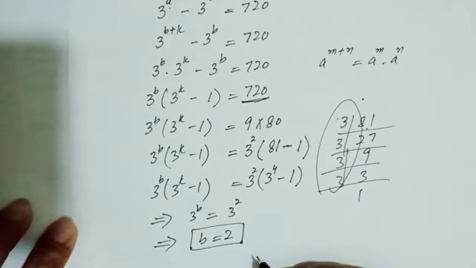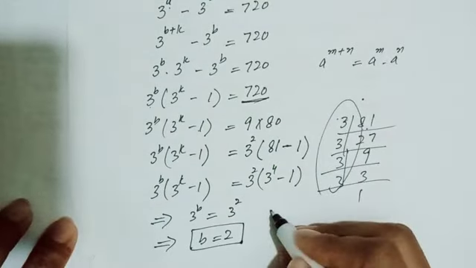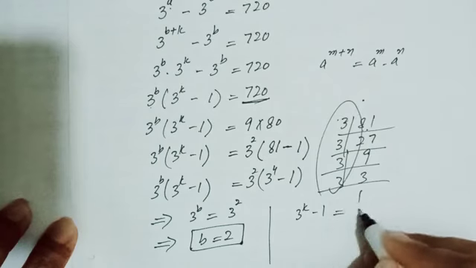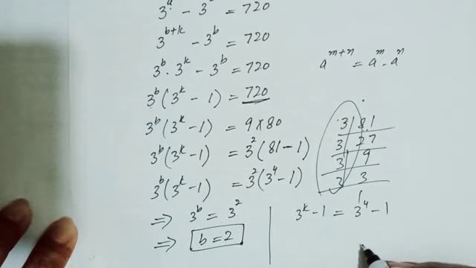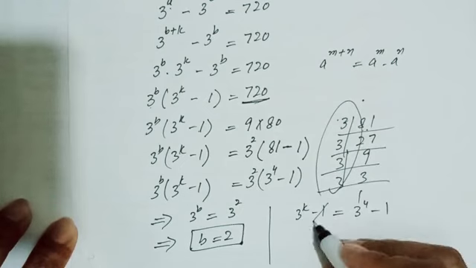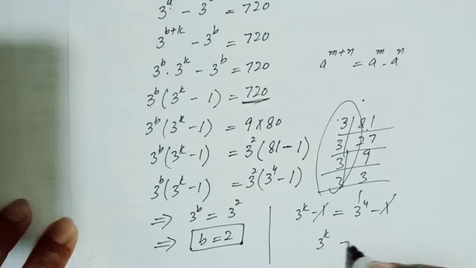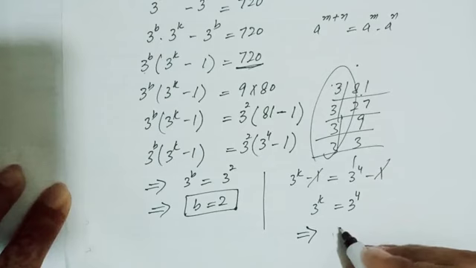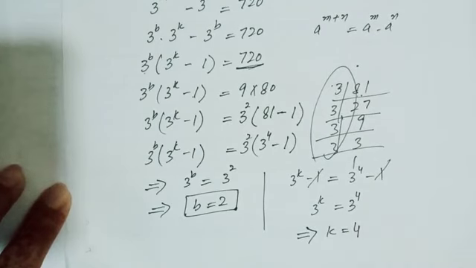So now, by comparing this term, 3 raised to power k minus 1 is 3 raised to power 4 minus 1. So this implies that 3 raised to power k is equal to 3 raised to power 4, and this implies that k is equal to 4.